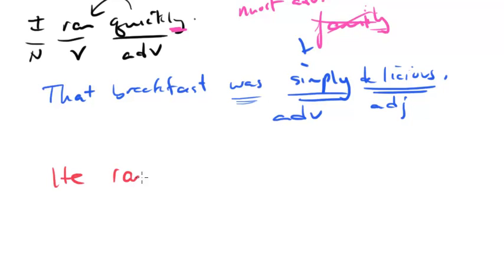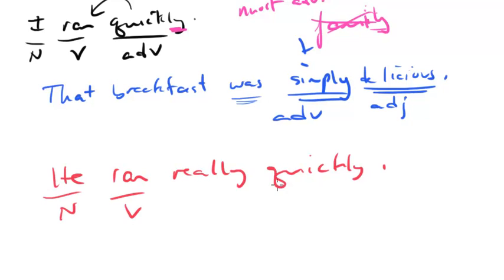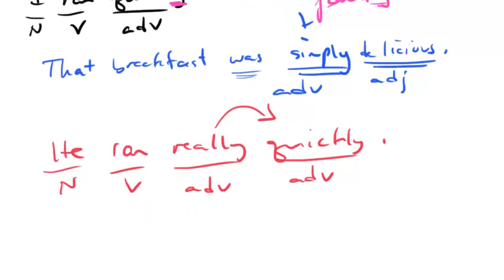He ran really quickly. Okay, here we got our noun, we got our verb, we got our adverb as we had before, and now we have really, which is acting as an adverb because it's modifying or showing the intensity of quickly, right? It's intensifying quickly. So that's the case where an adverb is modifying an adverb. But in any event, that's pretty much what's going to be tested on the SAT.